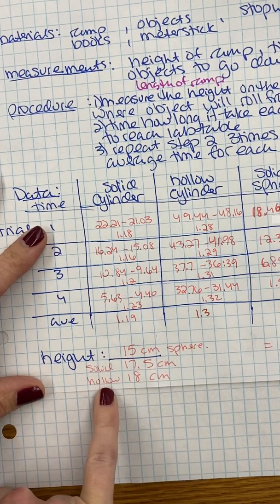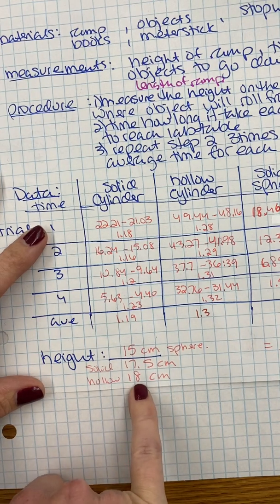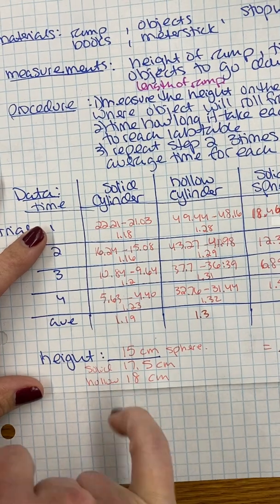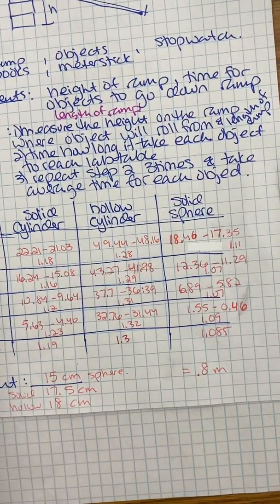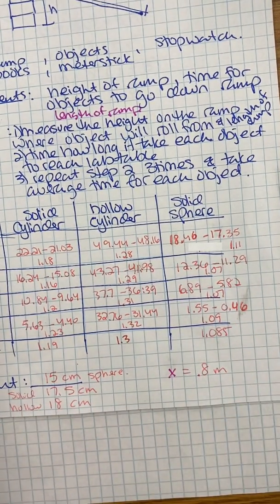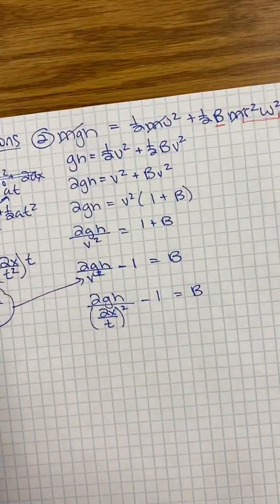And then the hollow cylinder is just a length of PVC, and that was a little bit bigger. So our heights are all different because our shapes are a bit different in size. And then this, we decided it was X. These are the measurements for my calculations.